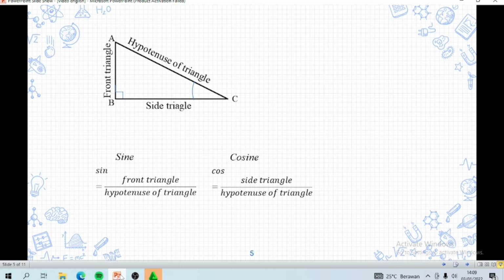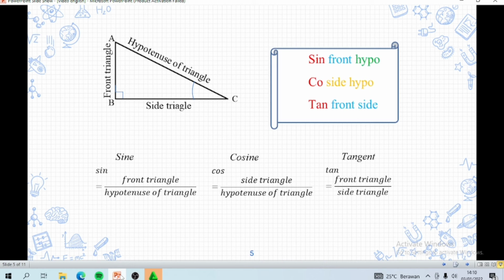Cosine equals side triangle divided by hypotenuse of triangle. Tangent equals front triangle divided by side triangle. So the conclusion, sin is front and hypo, cos is side and hypo, and tan is front and side.